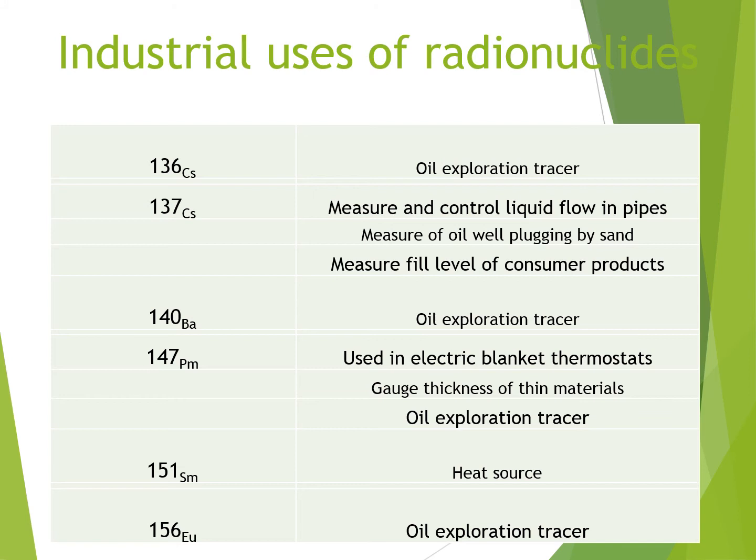Then we have PM147 radionuclide, and it is used as electric blanket thermostats, used as gauge thickness of thin materials, and it is also used as oil exploration tracer. Then we have SM151. It is used as a heat source radionuclide. We have EU156, and this radionuclide is also used as oil exploration tracer.